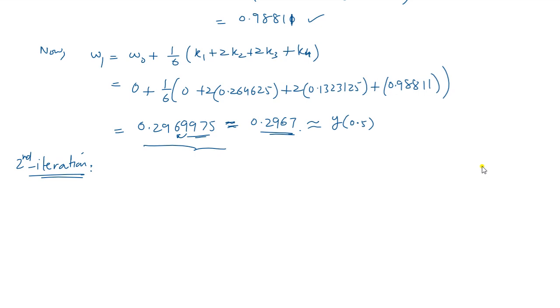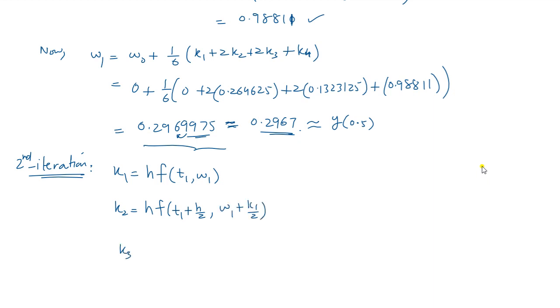So the video is becoming longer. In the second iteration, you will again find K1, K2, K3, K4. But this time K1 will start from T1, W1. K2 will be H F of T1 plus half H, because we go a half step up, and W1 plus K1 by 2.